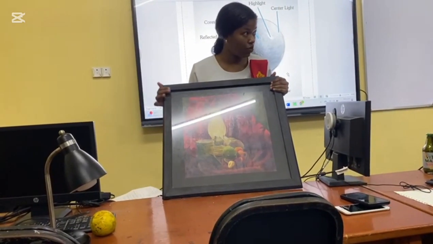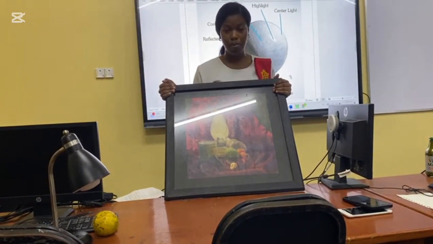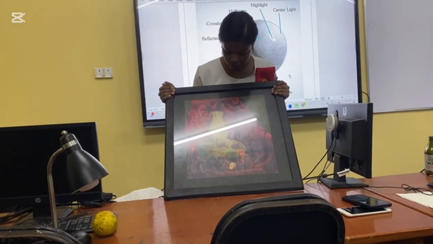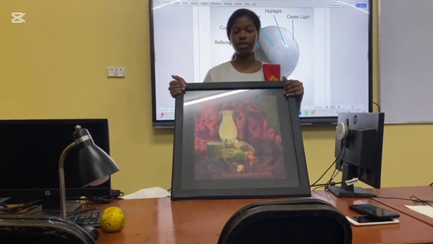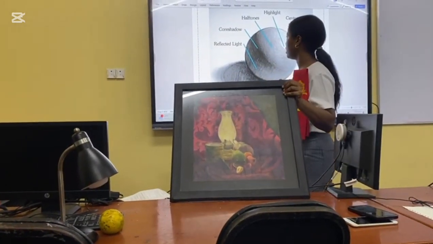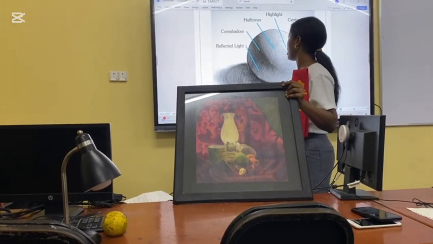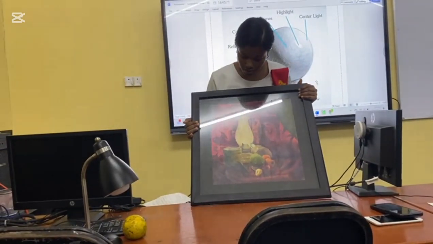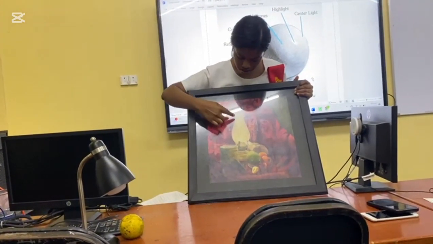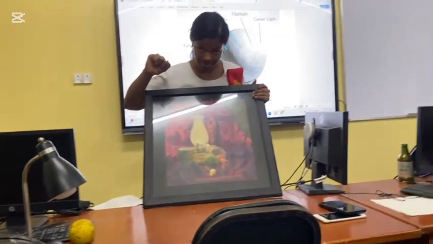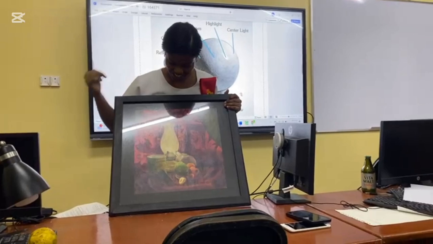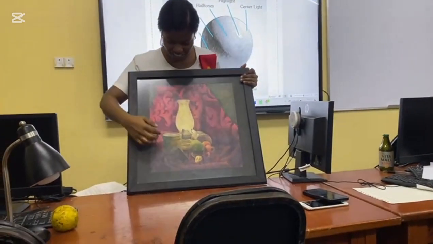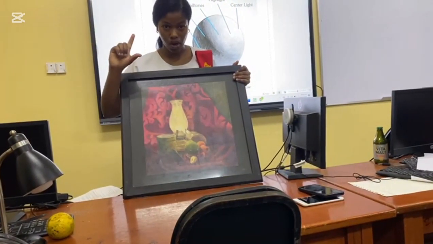Right? And then we also have our middle tones as well. Can you identify a middle tone in this object here? Or half tones? Miss, on the light. On the light? Which part? Okay, so let me help you. Let's take one object at a time.